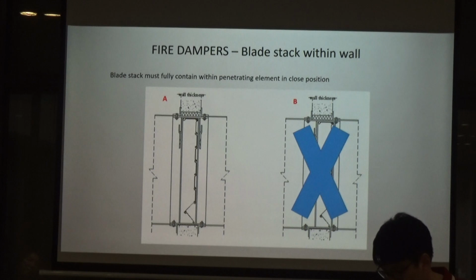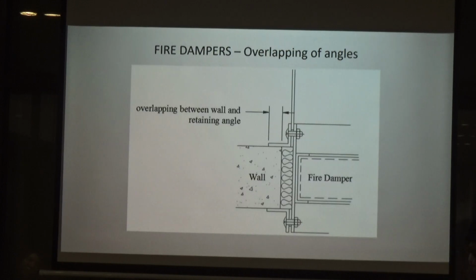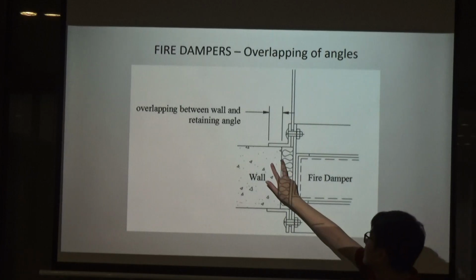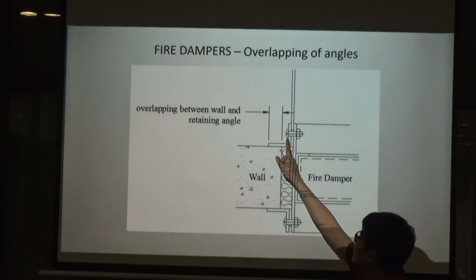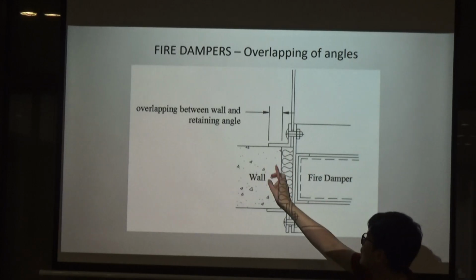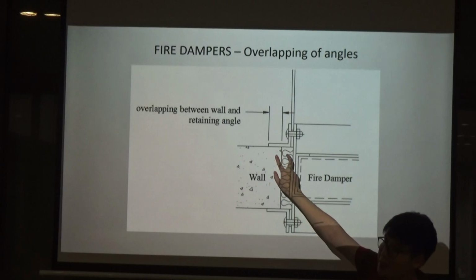The third point I want to bring up is the overlapping between the wall and retaining angle. Different countries have different standards, but they will always specify the overlapping distance between the retaining angle and the wall, meaning the contact distance.